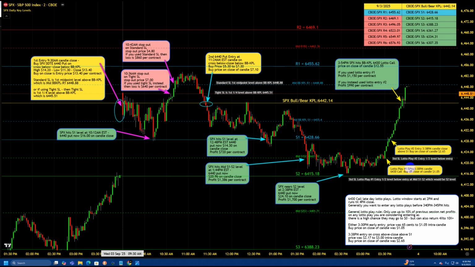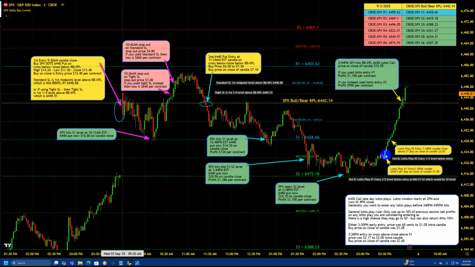The buy on the close of this candle here was $1.05, so that would cost you $105 per contract. So again, if you had, say, $1,000 in profits, even though this is slightly over $1, it's $105, you could buy one of those here. If you had $5,000 in earlier profits and you were taking 10%, then you could consider buying up to 5.